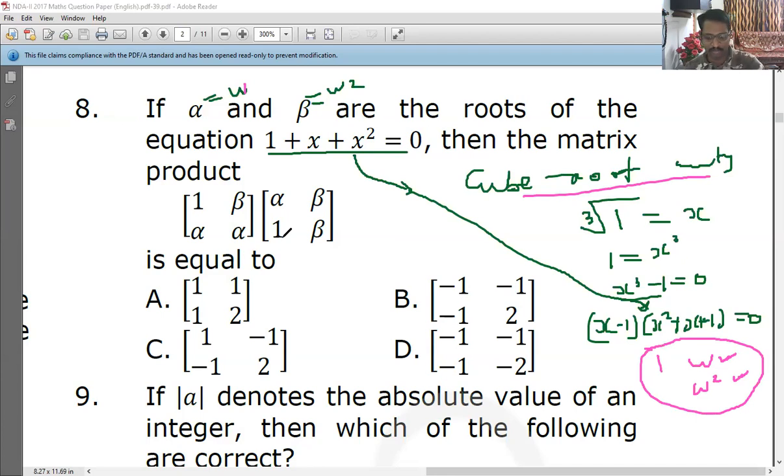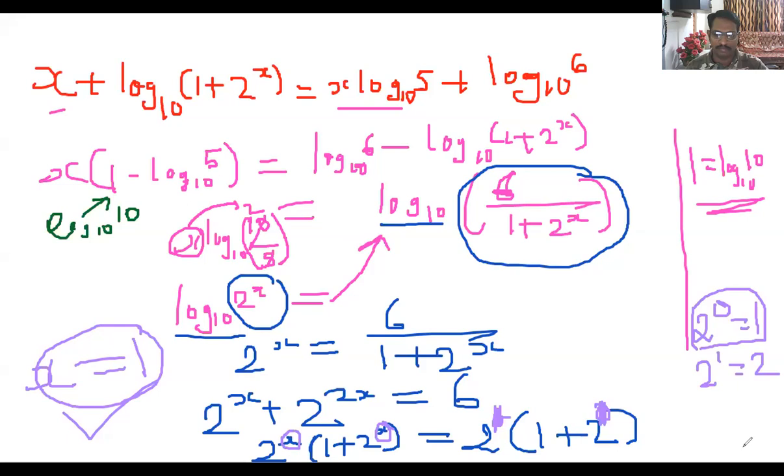First we have to go for the product. So we have to multiply the two matrices, that is given as 1 alpha beta and again alpha, which we have to multiply by alpha beta 1 beta.